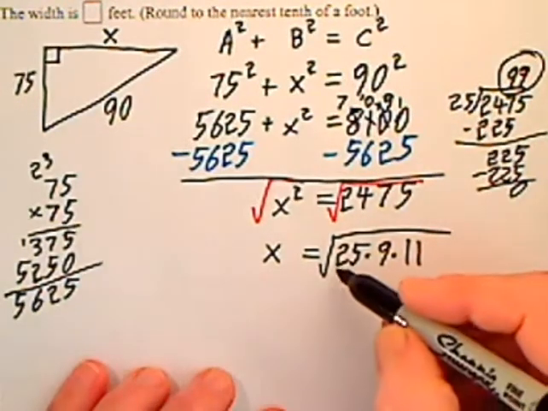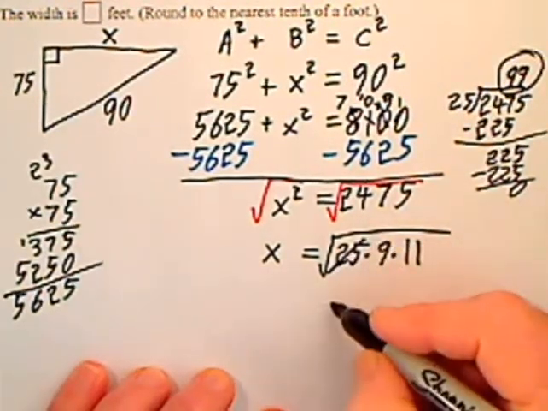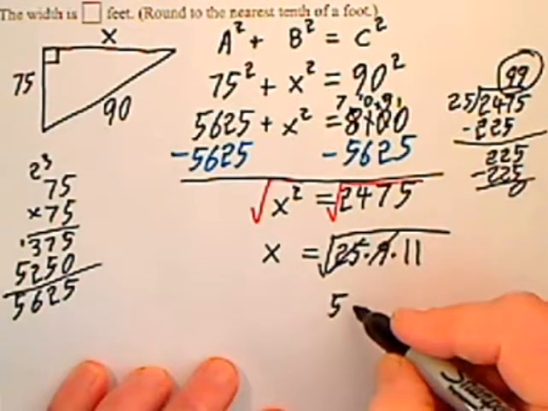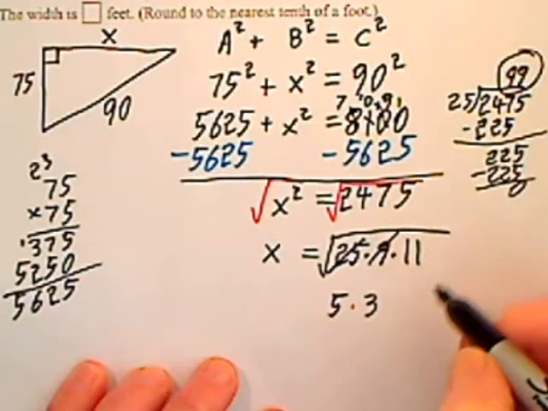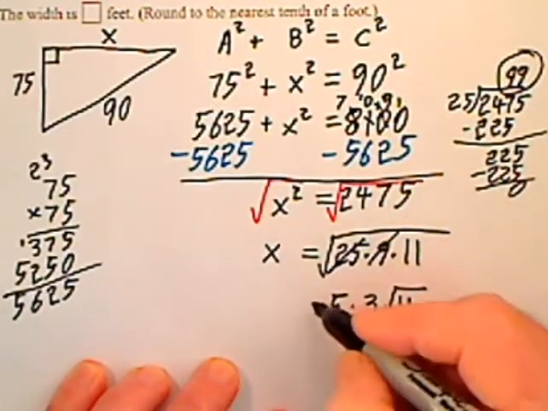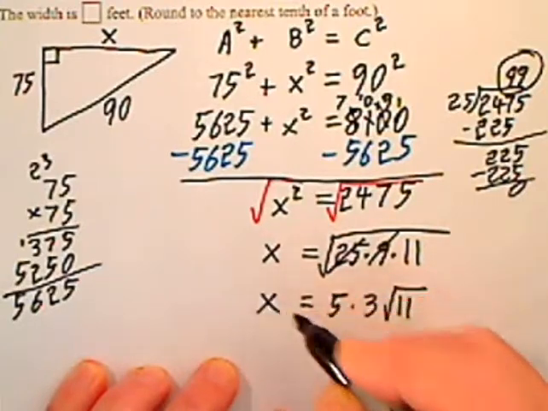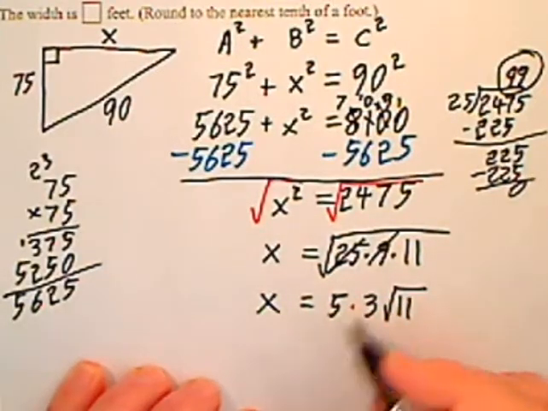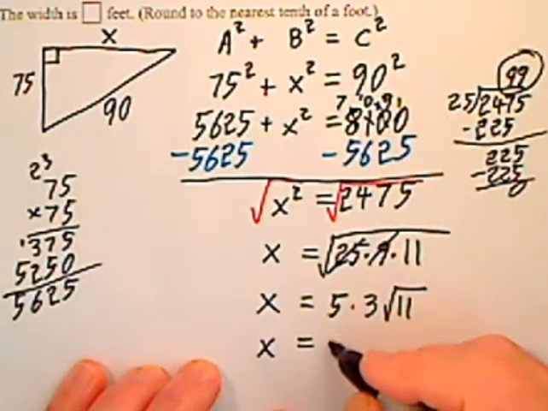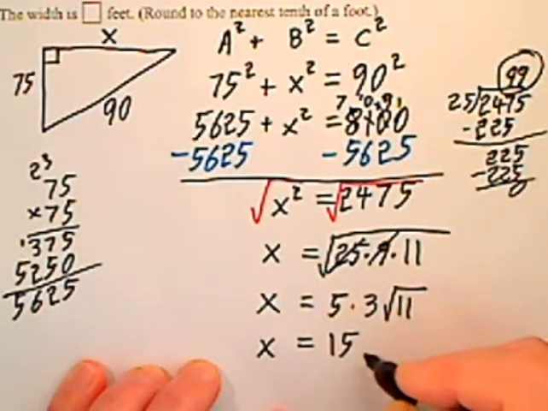And now the square root of 25 is 5. The square root of 9 is 3. And this 11 is trapped underneath the radical. And then we would write this as x equals 15 times the square root of 11.